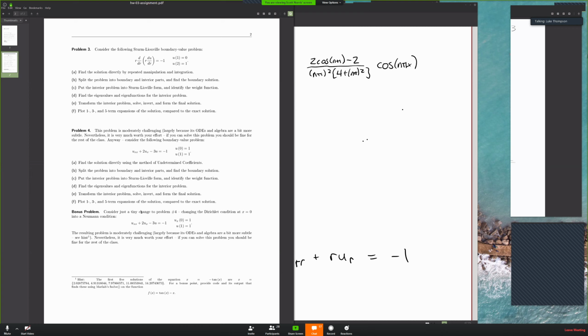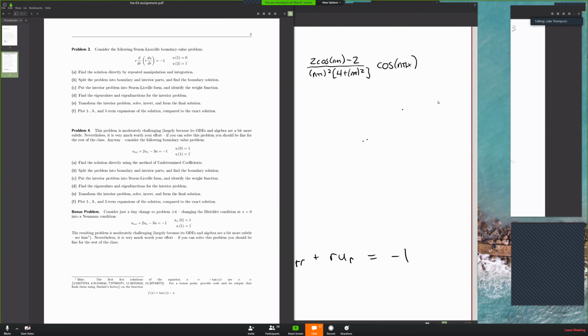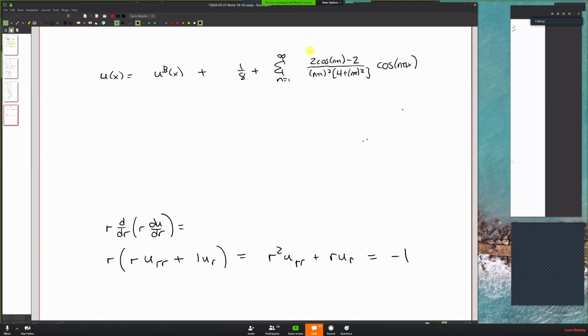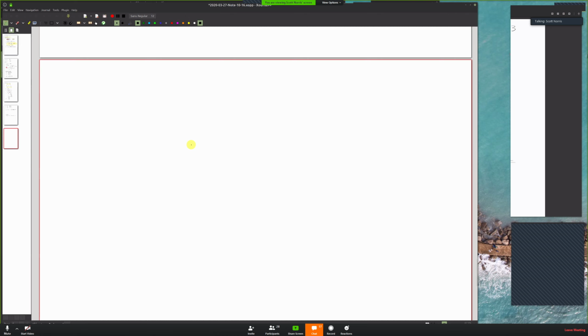I was having trouble solving for the eigenvalues and eigenfunctions on this problem. In problem 3? Yeah. Okay. So the eigenfunctions and eigenvalues should satisfy r squared phi_rr plus r phi_r equals negative lambda phi.